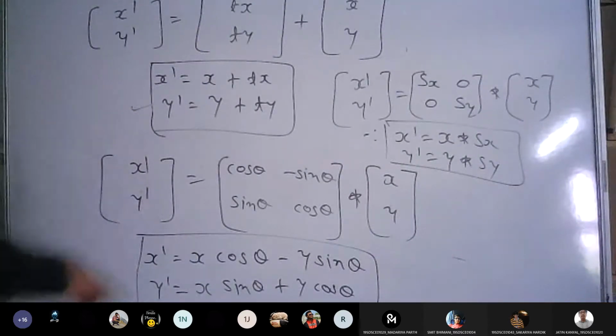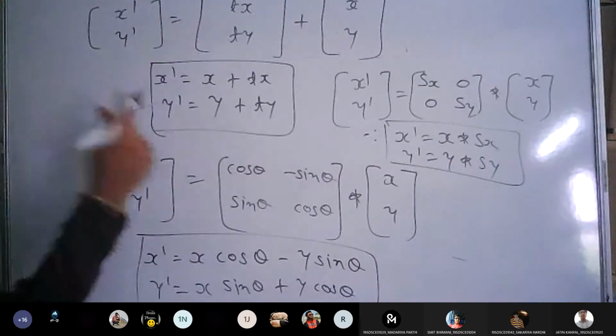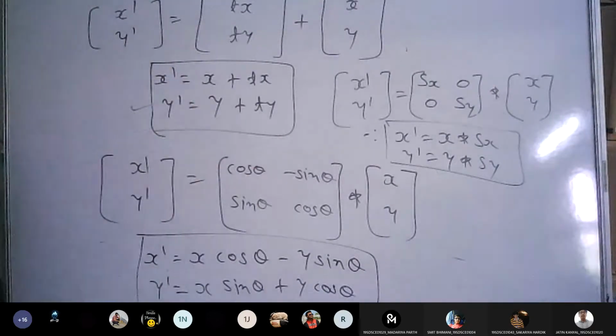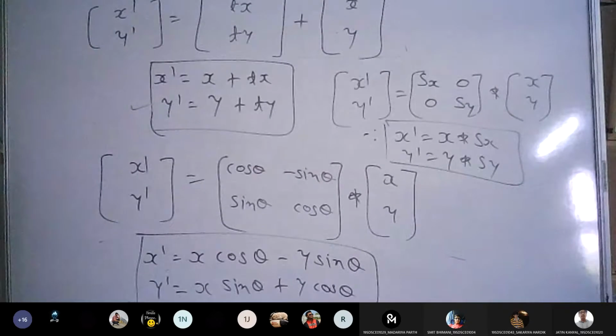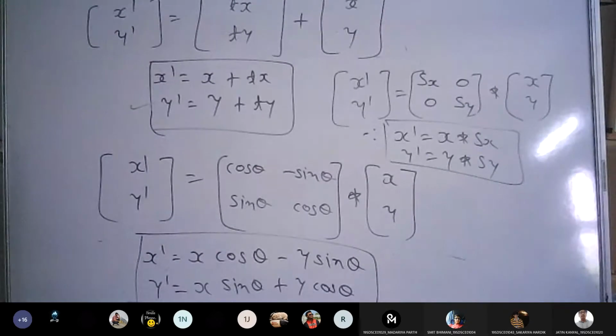For translation, for rotation and for scaling, we have derived the equations as well as the matrix form. So by looking at all the matrix forms, you can go to the general equation. For translation, what is the general equation in terms of P and P dash? What equation can we write for translation? Anyone?